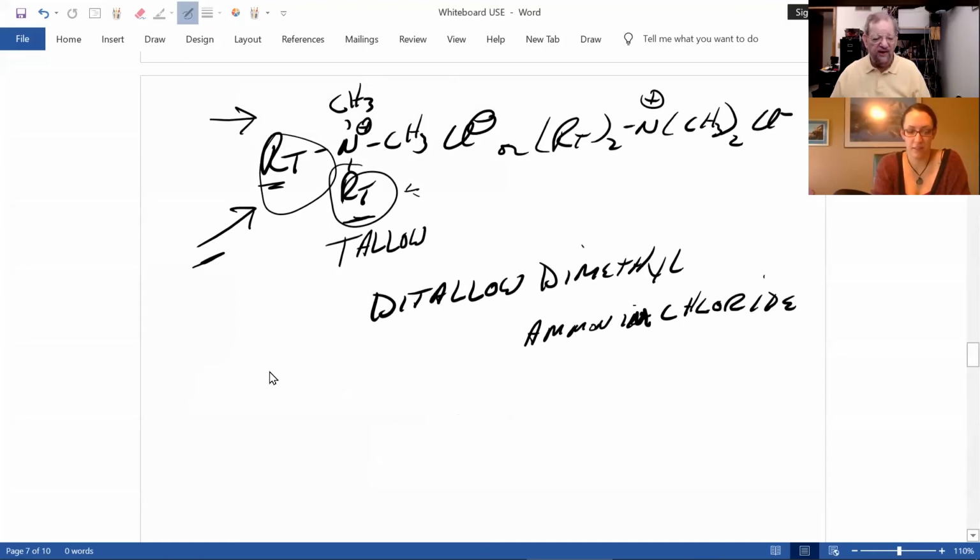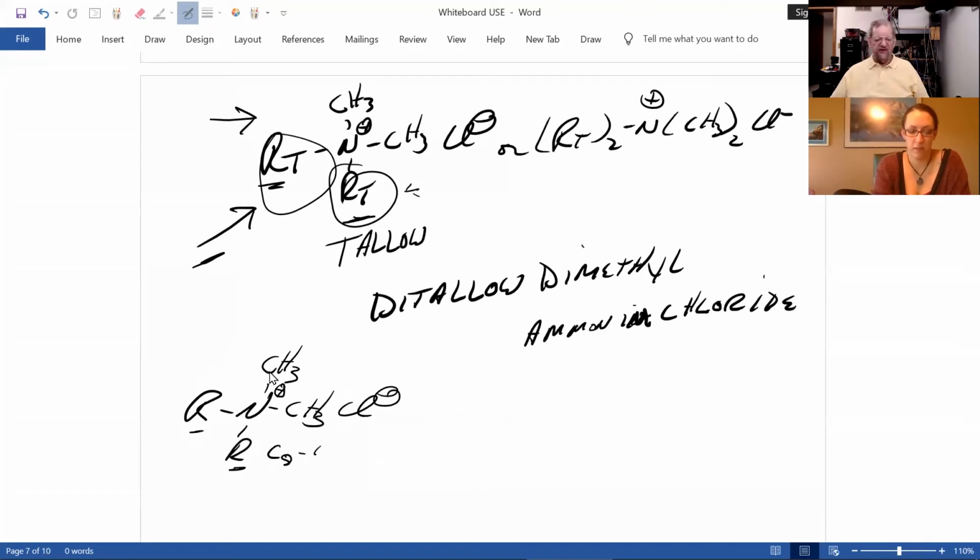Now, when you have a quaternary ammonium salt, and here, if our groups are C8 to C10 carbons, these are very good antimicrobial compounds that are used to disinfect certain operating rooms and other things.